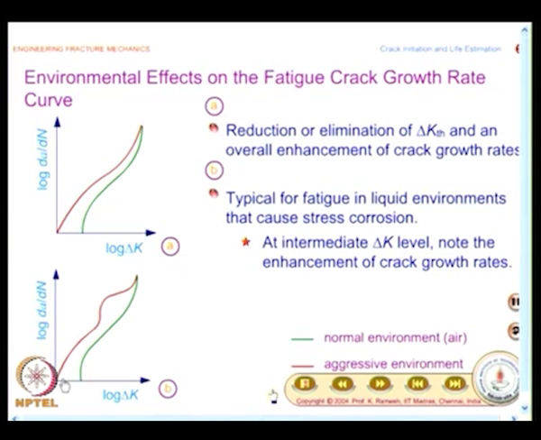Not only this, in comparison to this, there is a sudden increase in crack growth rate in the intermediate stage, which is seen in cases where you have liquid environments that cause stress corrosion. So, the graph is different. See, this graph is the simplest one you can model, that was given by Paris, and these are all corrections to it.